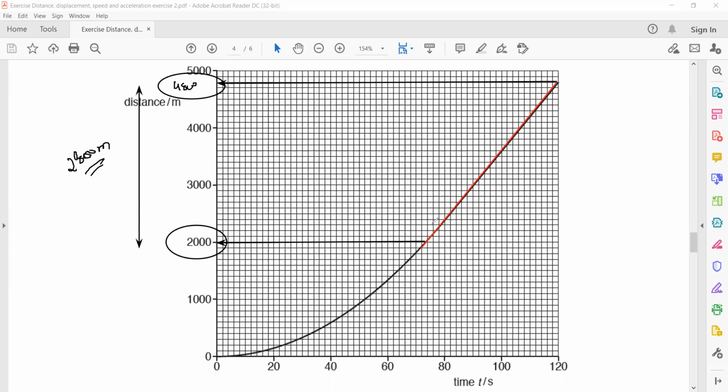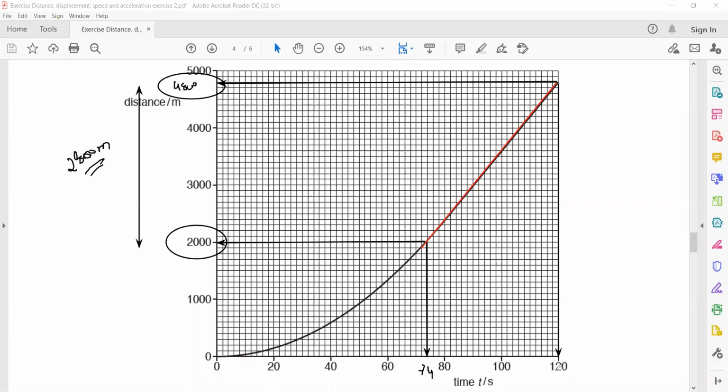And what about the time interval? How much time did it take for this distance? On the x-axis, each box is representing 2. So this is 62, 64, 66, 68, 70, 72, 74.